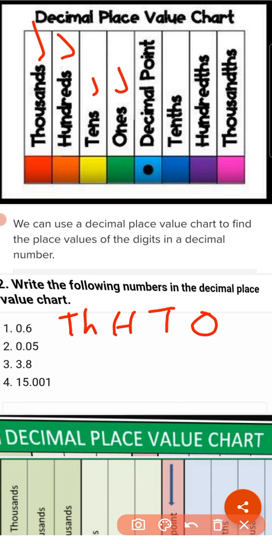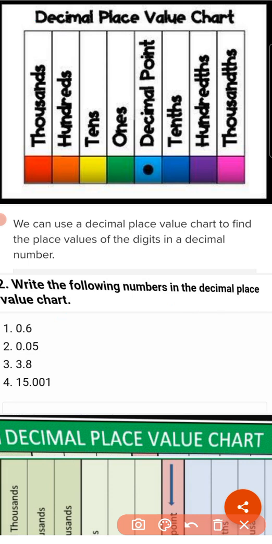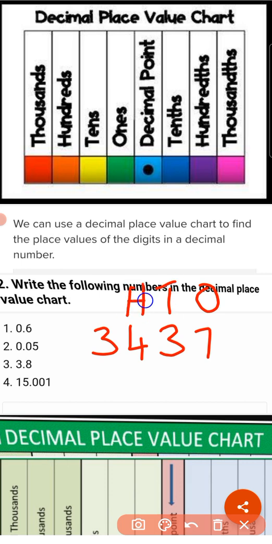A whole number means a number without a decimal point. For example, 3,437. Which are the places here, children? 7 at ones place, 3 at tens place, 4 at hundreds place, and 3 at thousands place. Okay.